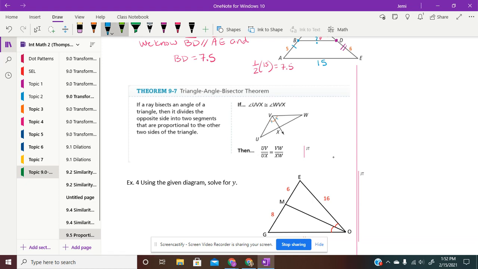So I'm going to use my color coordinating here again. So I've got UV divided by UX is equal to VW divided by XW.